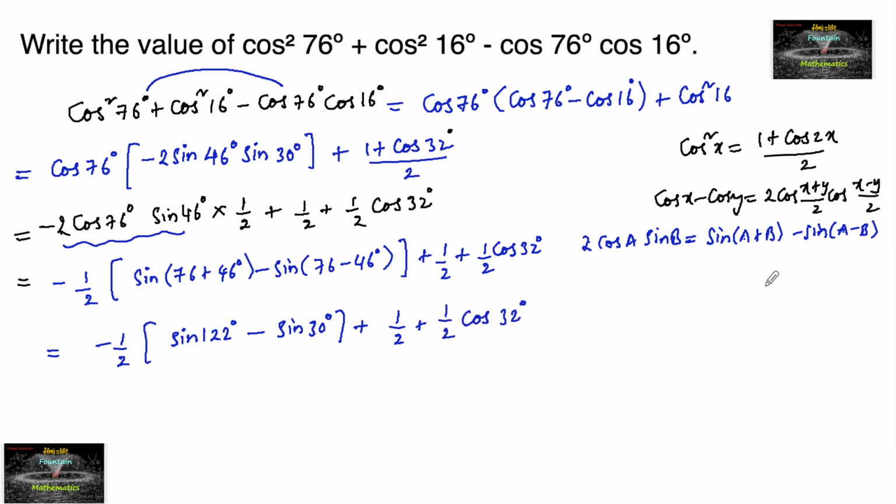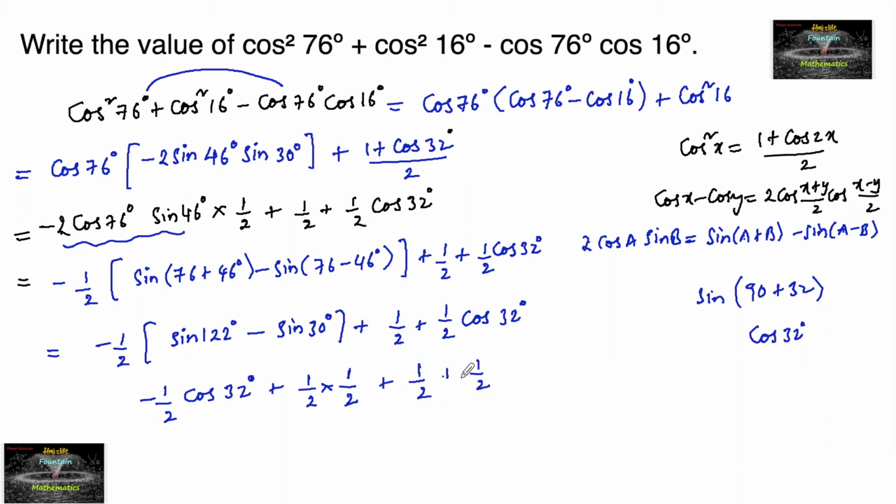And sin 122 is nothing but sin (90 plus 32), which is cos 32. So we can write this as minus 1 by 2 times cos 32, minus of minus plus, 1 by 2 into sin 30, which is 1 by 2, and plus here 1 by 2 plus 1 by 2 cos 32.